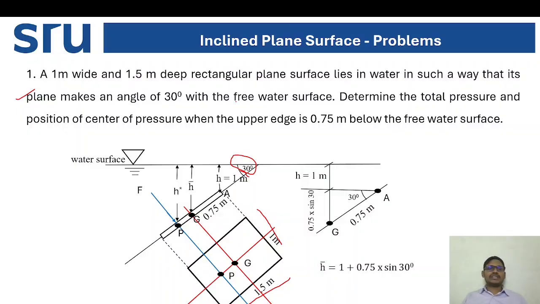Determine the total pressure and the position of center of pressure when the upper edge is 0.75 meters below the free water surface.